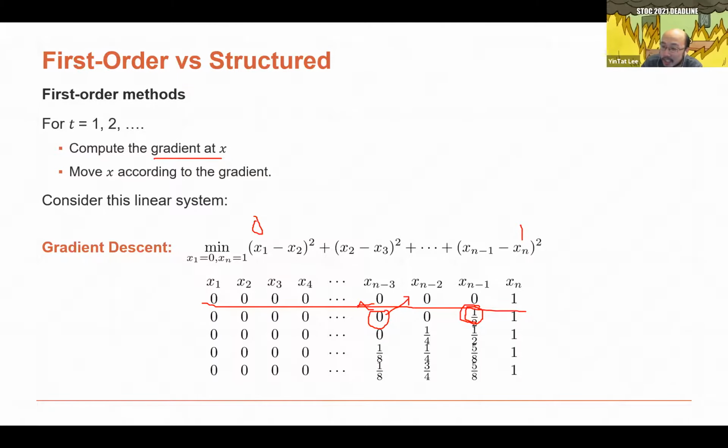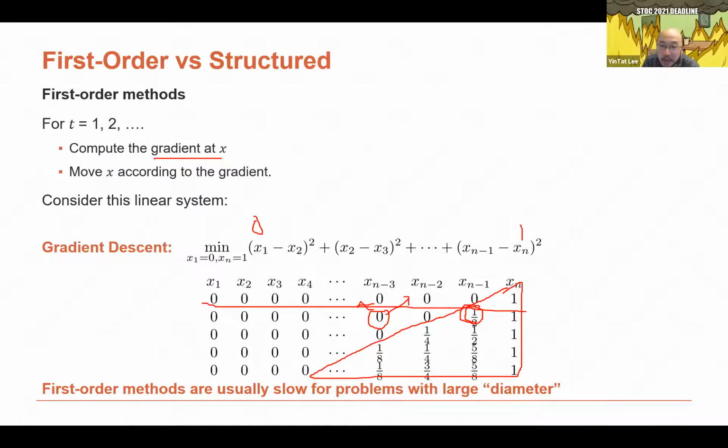So you can see if you run any first order method, essentially the information propagates coordinate by coordinate. So for this problem, you should expect you need n steps to solve it. And in general, first order methods are slow if your problem has a large diameter. Diameter in the sense of how the information can propagate through the gradient.